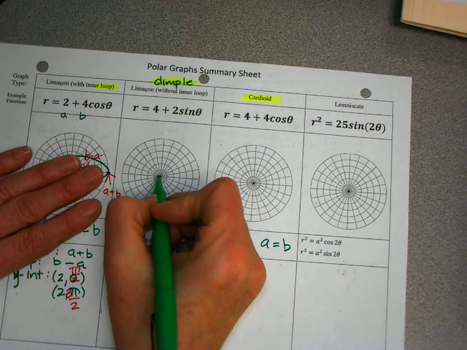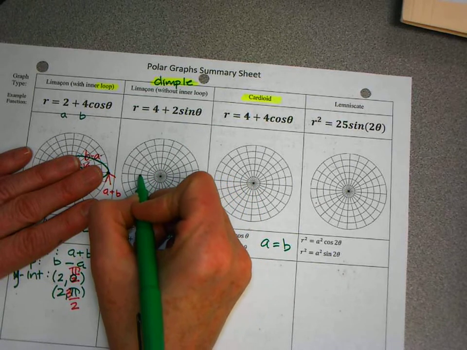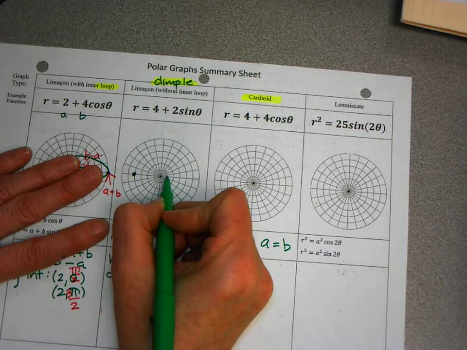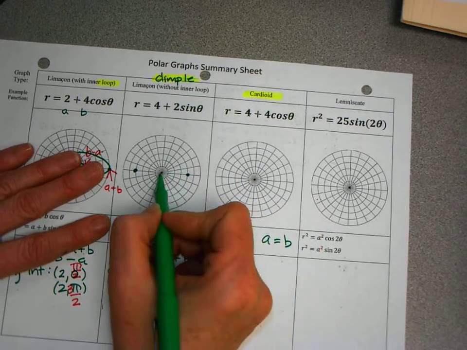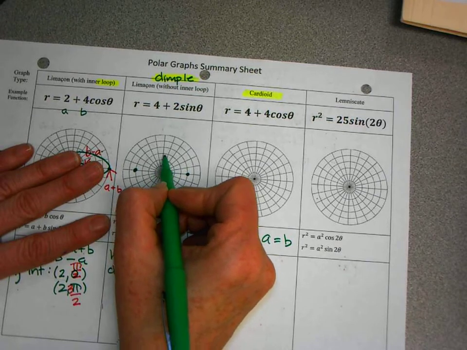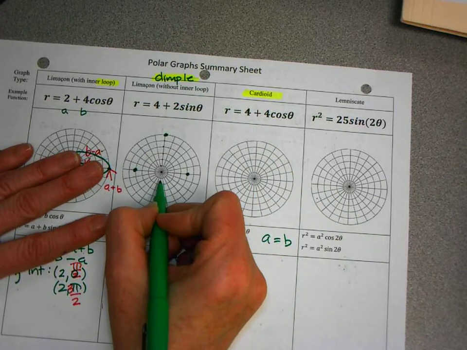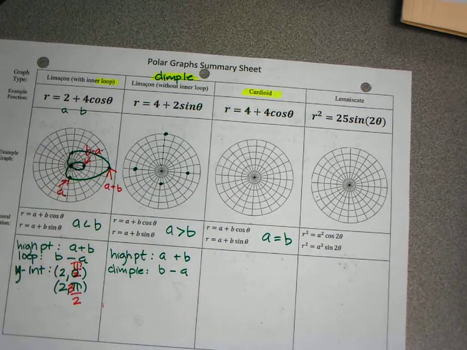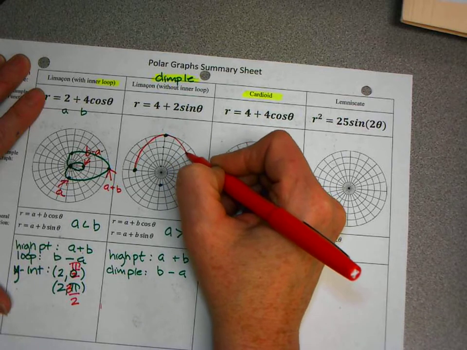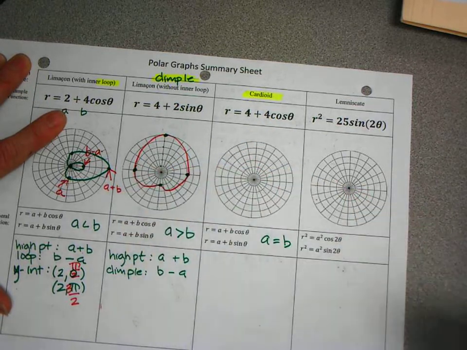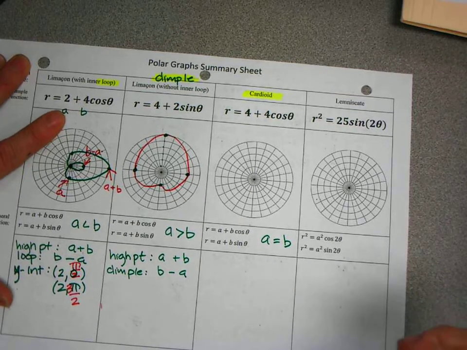Our A value is 4, so it's 1, 2, 3, 4. Now notice for dimples you don't put a point at the origin. Instead your main point is 6, and then the dimple, these two numbers, is 2. So now we've got 4 points, and we graph them like making a circle. You're going to come a little bit below and dimple in, and there you go. It's not perfect, but.